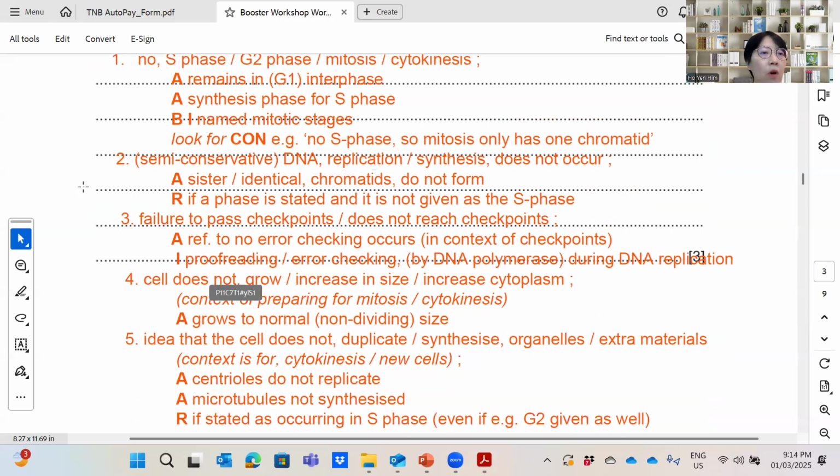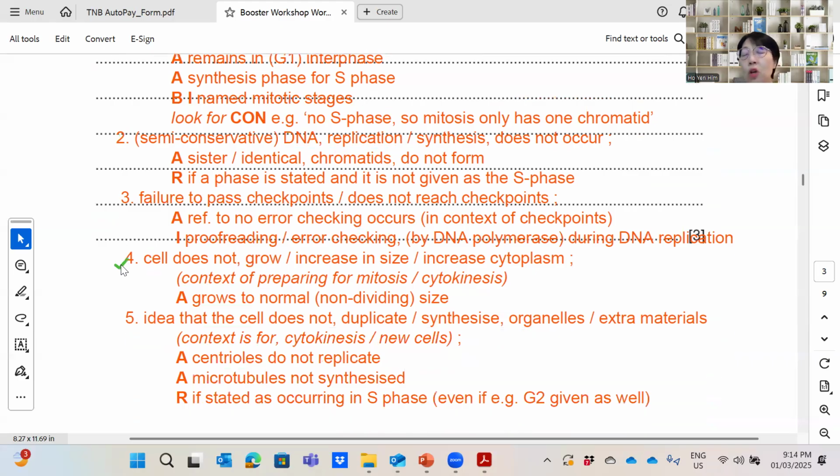Okay. Number 4, cell. Because of that, the cell does not grow, because interphase is where the cell grows in size, right? What do you mean grow in size? So a cell that's newly replicated, for plant cell, it is actually square. But when the cell elongates, you can see that the cell will become longer and longer. So you see the width of the cell is the same, but it becomes longer.